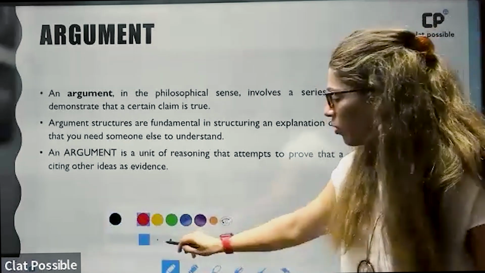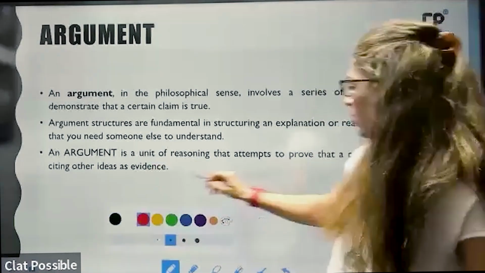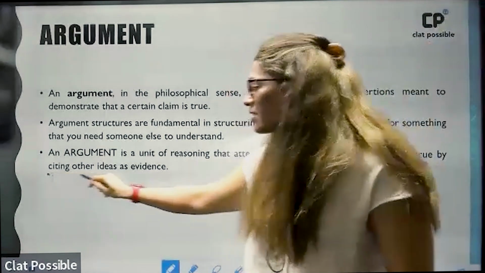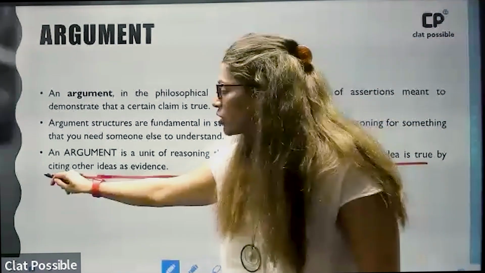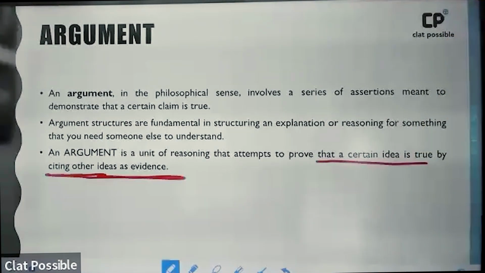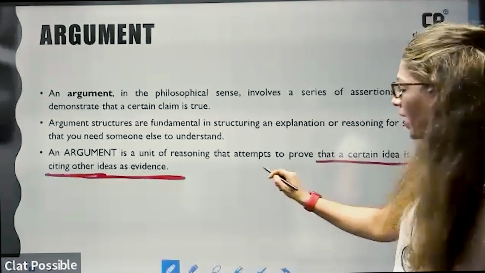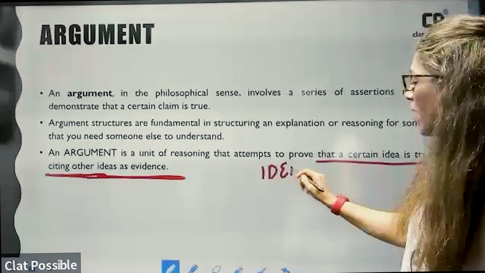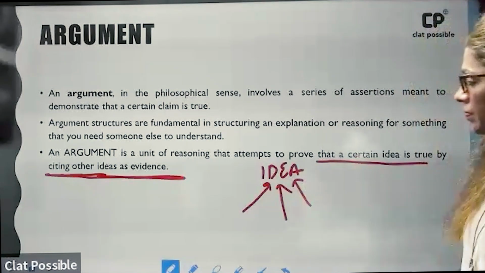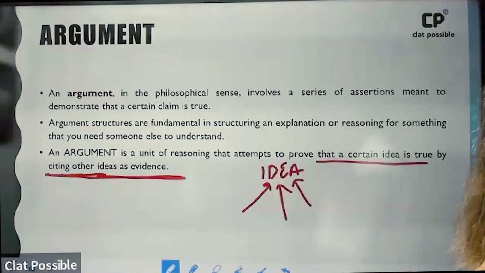So let's spend time on the last part here, where to prove a certain idea, other ideas are cited. So let's try to visualize what we are reading through this, right? That means one idea is supported by other ideas, right, everyone?